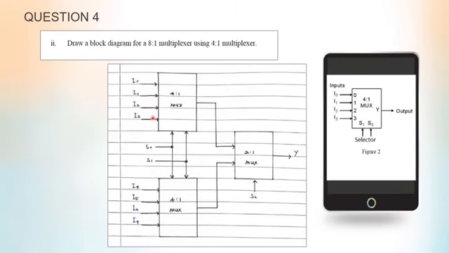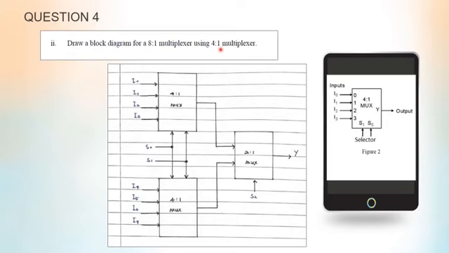Question 4 again. This is the second part. Draw a block diagram for an 8 to 1 multiplexer using 4 to 1 multiplexers. Okay, this is the block diagram of the 4 to 1 multiplexer.